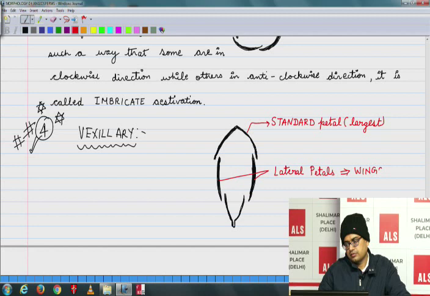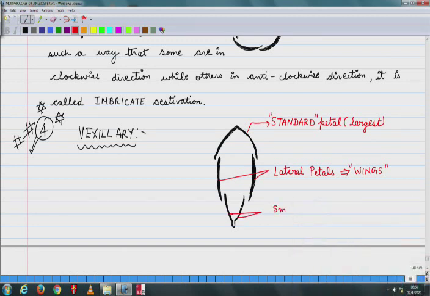On the bottom are the smallest petals called keel or carina.